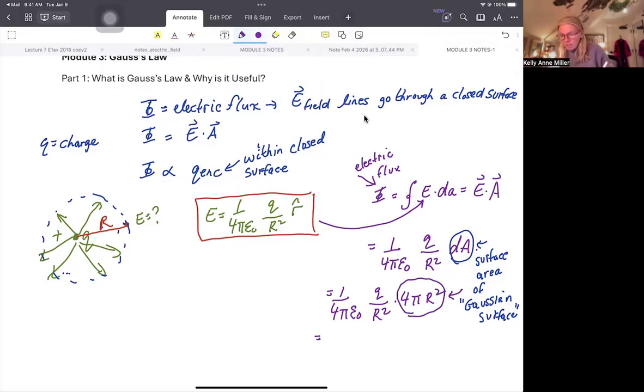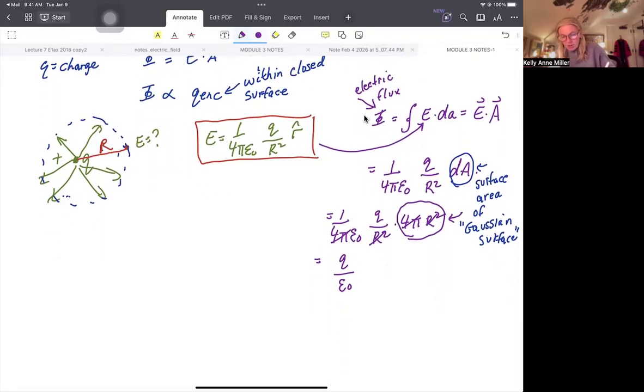Okay, and so now if I tidy this up, the 4 pi cancels with the 4 pi, the r squared cancels with the r squared, and what am I left with? I'm left with just the charge, Q, over the constant epsilon naught. Okay, and so that equals the flux.